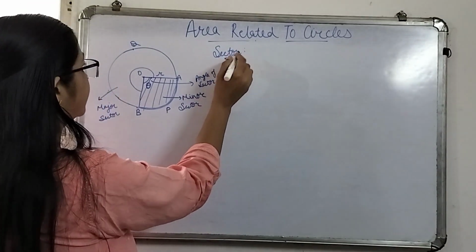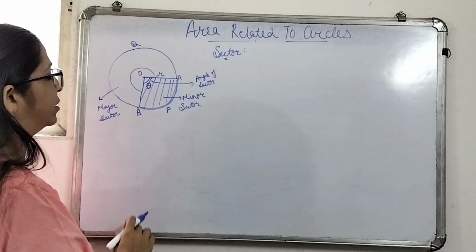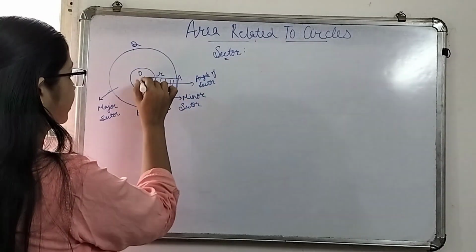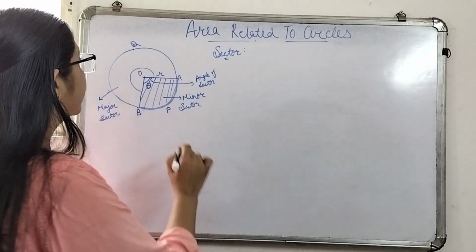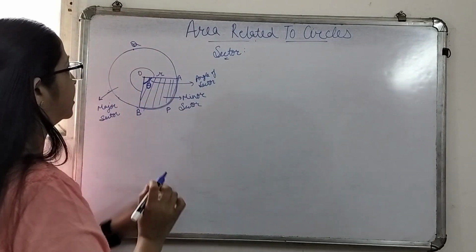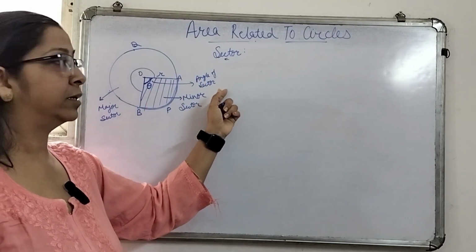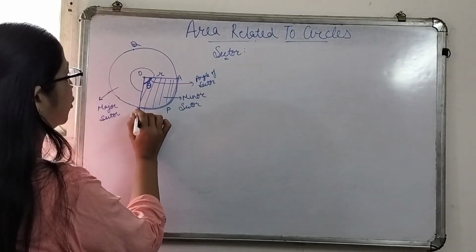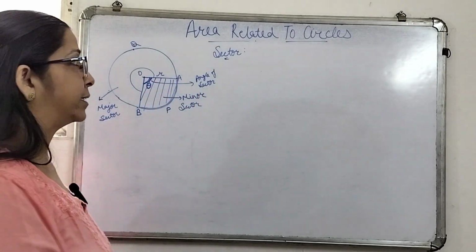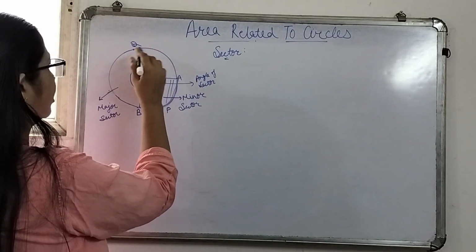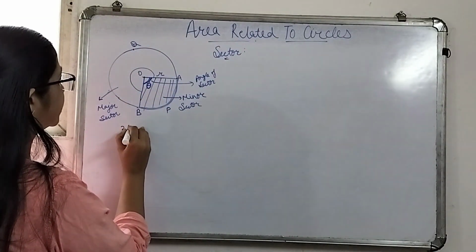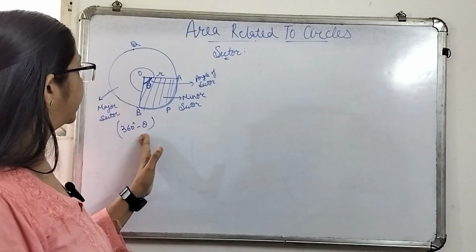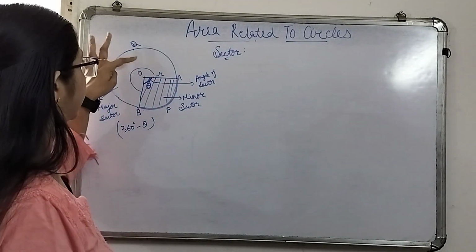The angle formed at the center is known as the angle of the sector. Again here, this minor arc is forming an angle of theta at the center. That means the major arc will be making an angle of 360 degrees minus theta at the center.